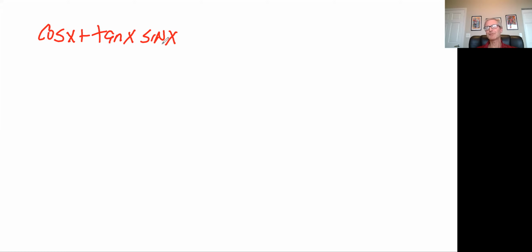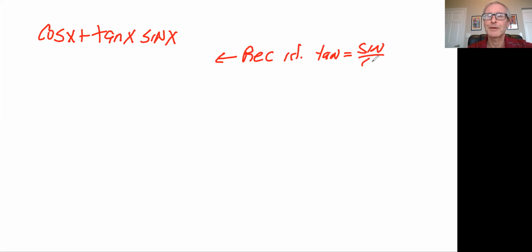Well, my strategy always is if you're not sure what to do, put everything in sines and cosines, and you'll find that that'll be a useful technique. And so you remember that this would be the reciprocal identity where tan equals sine over cosine.